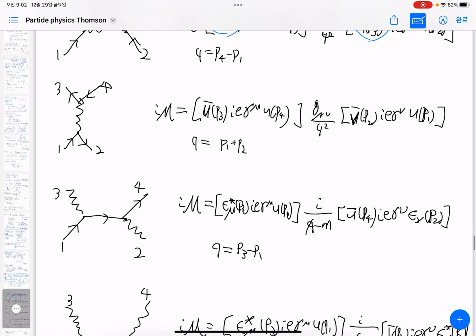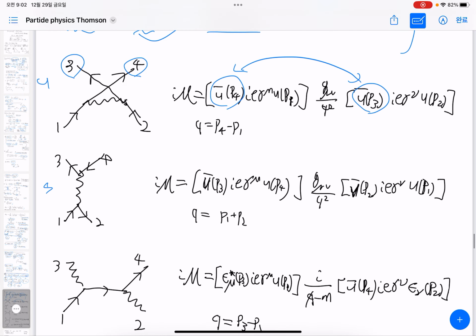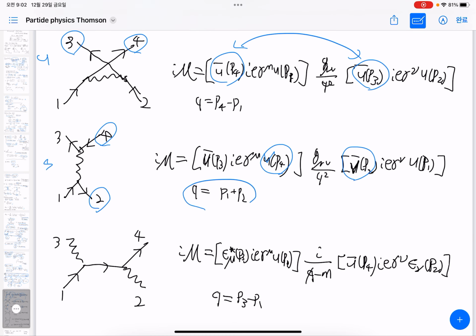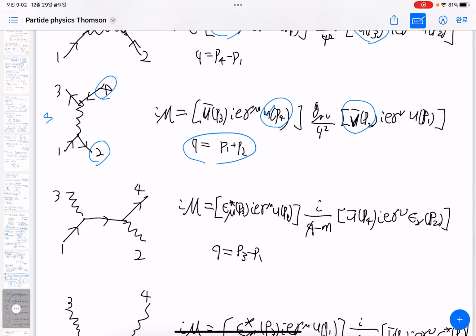And this is an S channel, so the incoming antimatter v2 is located here at the joint, and the outgoing antimatter p4 is located here, and the momentum transfer is given by p1 plus p2 to satisfy momentum conservation.